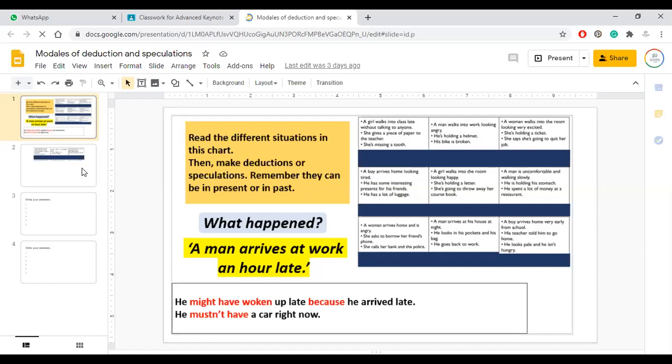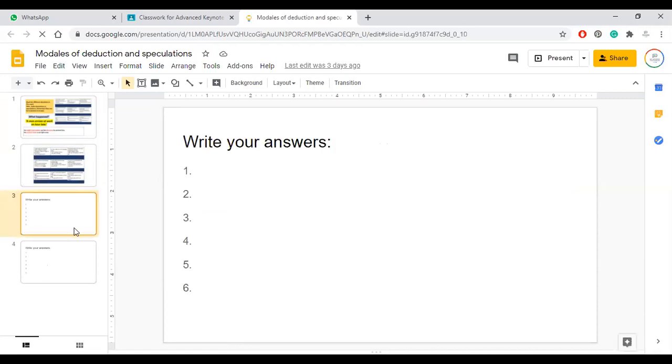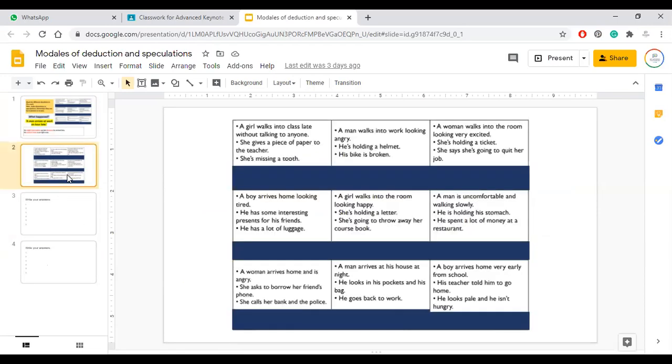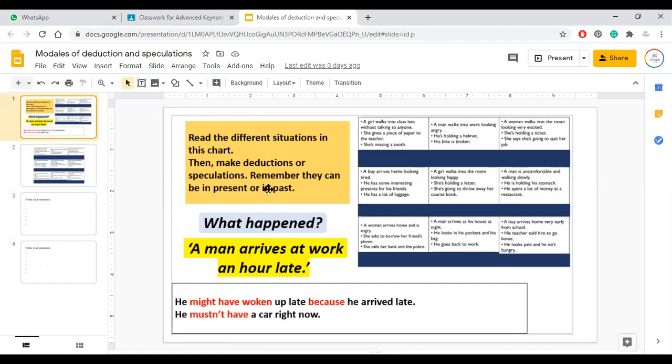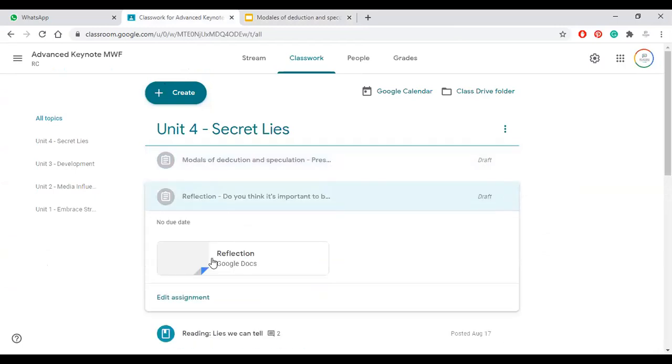But what I want you to do is read the sentences, and you can put whatever number of examples you want. I want you to write as many examples as possible, making deductions or speculations in the past or in present. That's one, and the other one is a reflection.